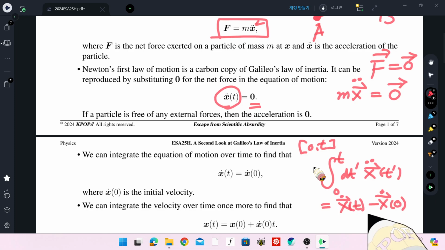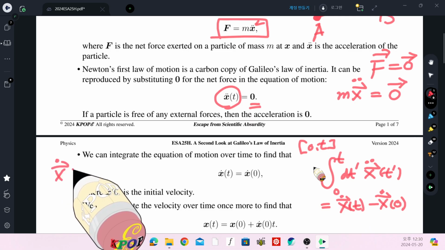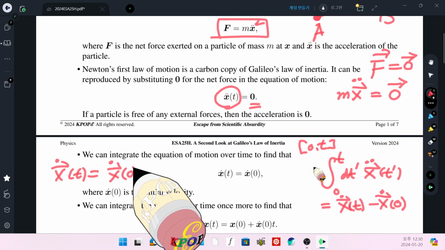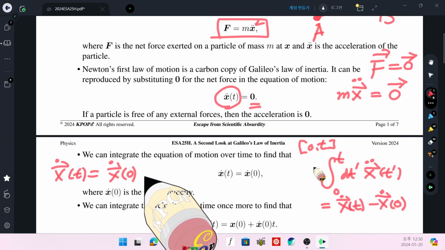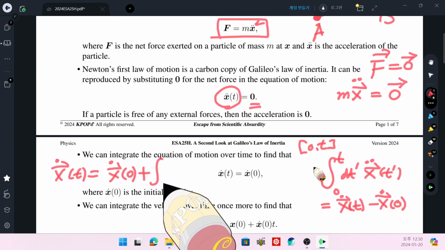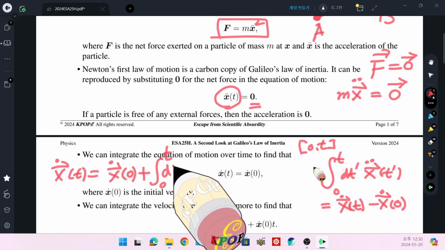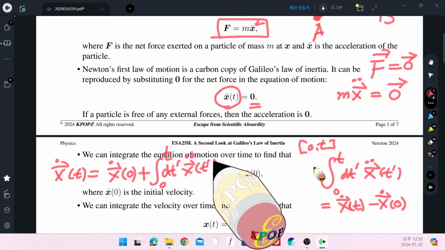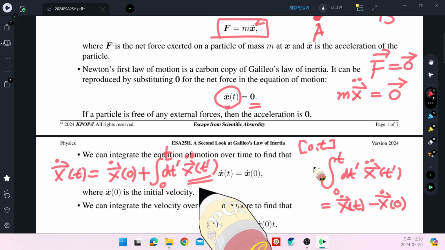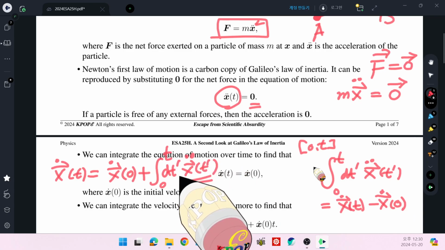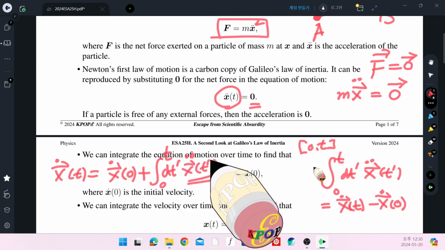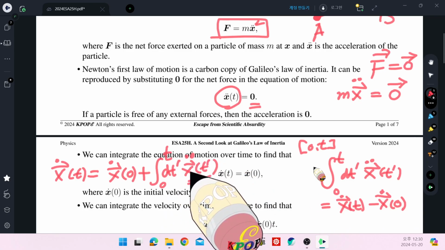So from this, we find that the velocity of a particle at time t is the velocity of the particle at t equals 0 plus the definite integral. By the way, the acceleration is nothing but 0. So this integrand from 0 to t is exactly a zero vector.